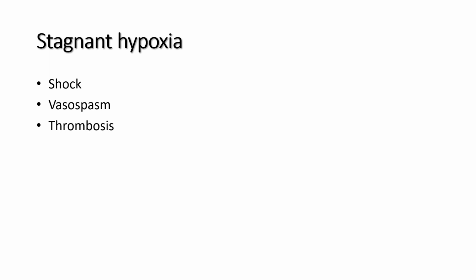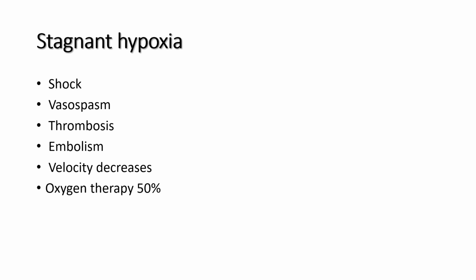Thrombosis formed within the vessel wall affects the flow of blood, and emboli occluding the blood vessels also affect the blood flow. So velocity is mainly decreased in stagnant hypoxia, while oxygen tension and oxygen carrying capacity of the blood are normal. The efficacy of oxygen therapy is less than 50% in stagnant hypoxia.